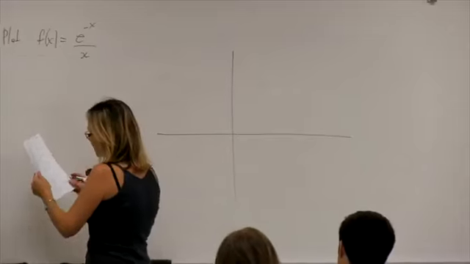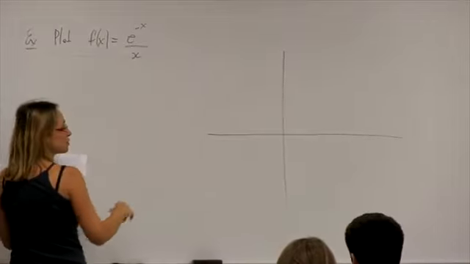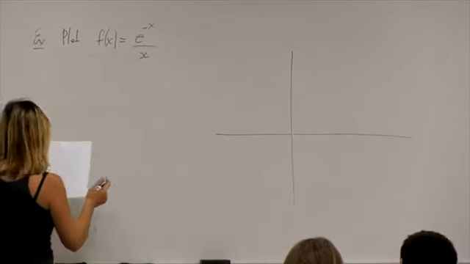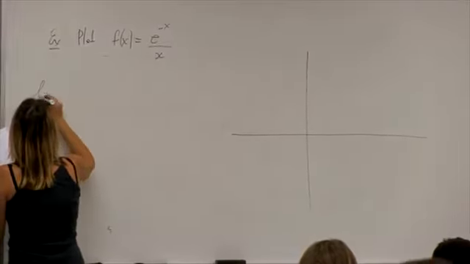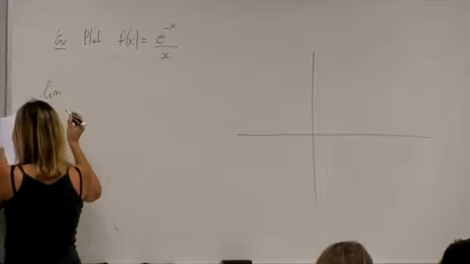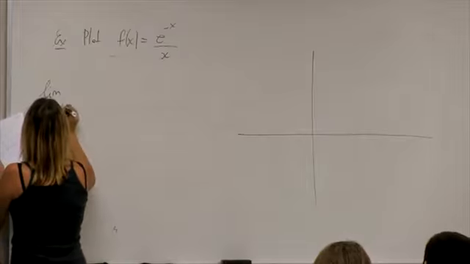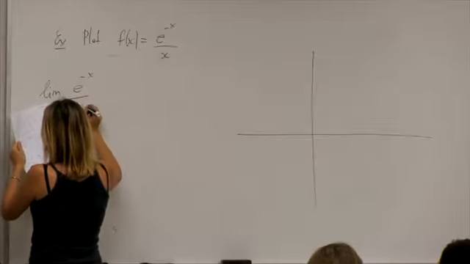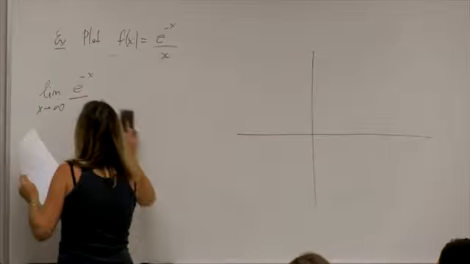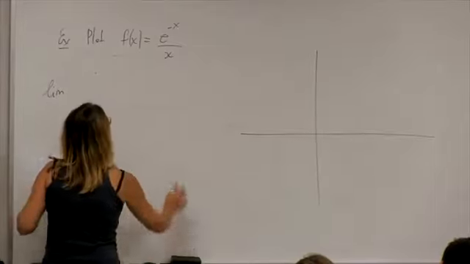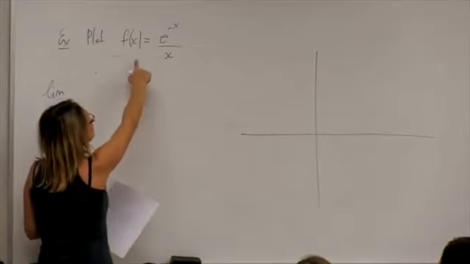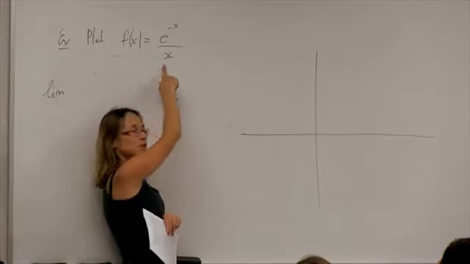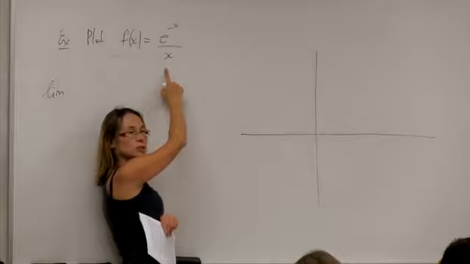So we have to find all sorts of asymptotes that this function might have. First, I notice that this function is discontinuous at x equals 0.